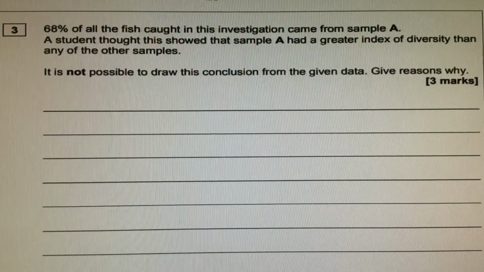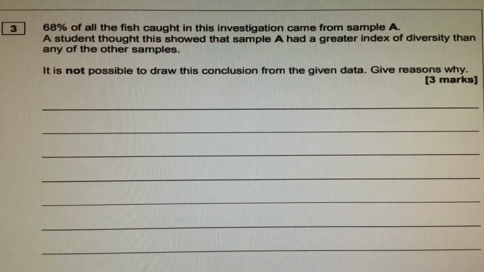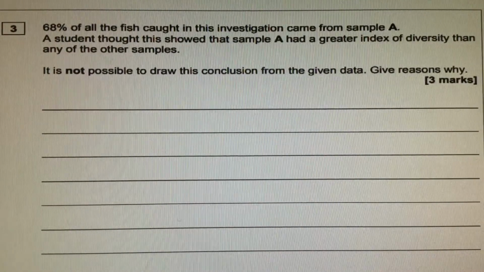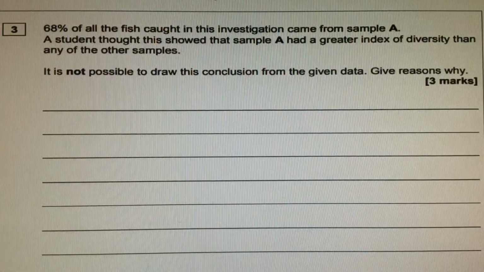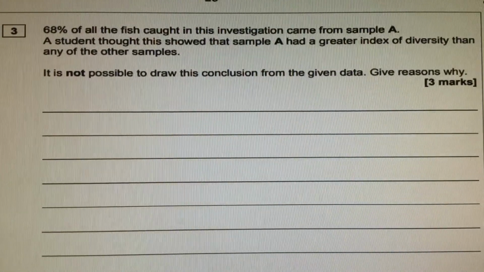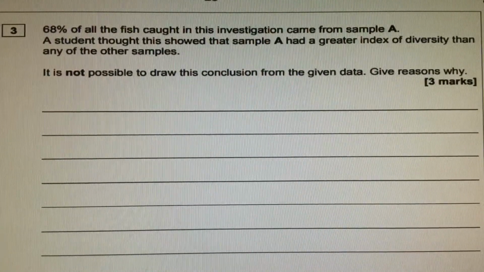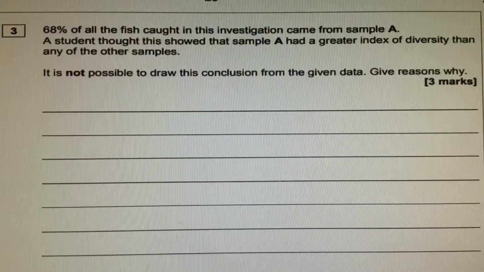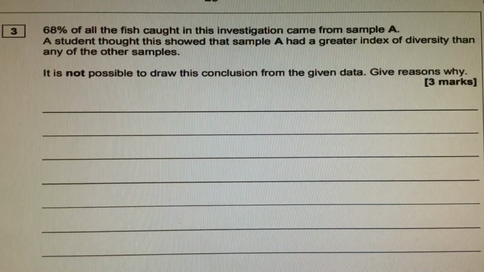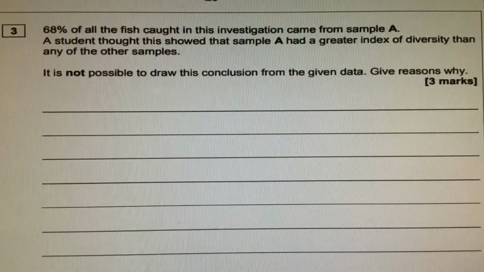Next part of the question, where 62% scored 0 and only 0.2% managed to get 3 marks, said 68% of all the fish caught in this investigation came from sample A. A student thought that this showed that sample A had a greater index of diversity than any of the other samples. It is not possible to draw this conclusion from the given data. Give reasons why.